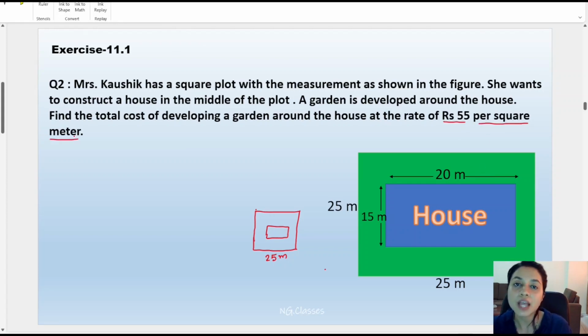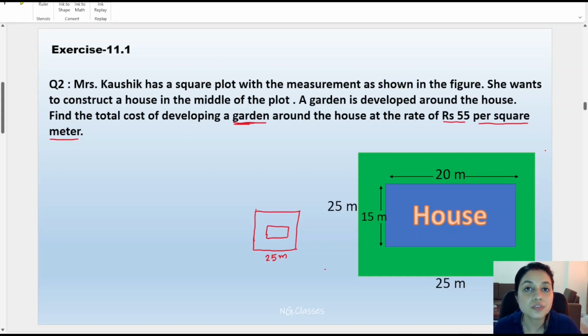That means here we have to find the area of something. Now area of what? Let's read it again. Find the total cost of developing a garden. So garden's area. We have to find the garden's area, then only we will be able to find the total cost for developing a garden at a given price. So let's do it.